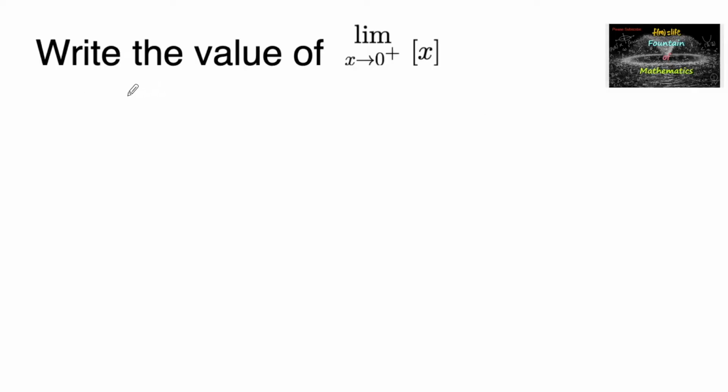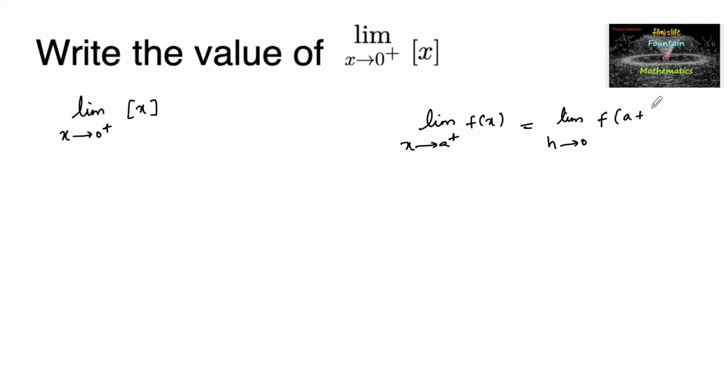Write the value of limit x tends to 0 plus step x. It's a greatest integer function, step x, and since we know that limit x tends to a plus f of x, we can write it as limit h tends to 0 where h is positive, f of a plus h where h is very small and positive.